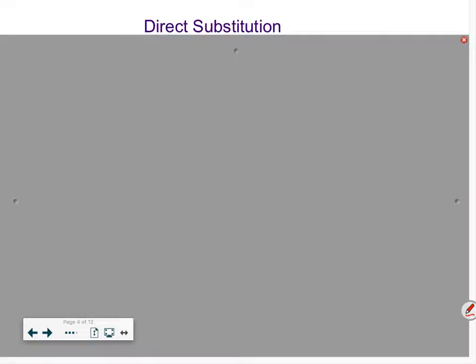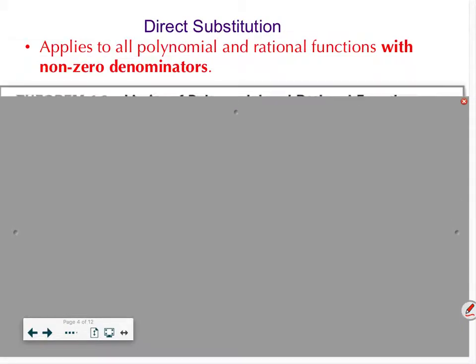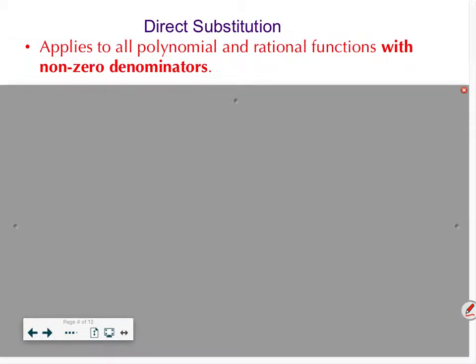Essentially what we're doing is called direct substitution. As long as we have a graph that doesn't have any breaks in it, we can simply plug the x value into the function to figure out what the y value is, and then we can determine what our limit is. What we have to worry about is if we have a denominator and we plug in a number and get 0.